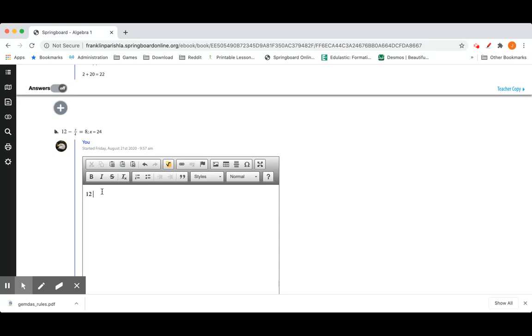So it would be 12 minus 24 divided by 4, and we're going to see if that equals 8. 24 divided by 4 is 6. 12 minus 6 is 6, and 6, does that equal 8? No, it doesn't. So no, x equals 24 is not a solution.